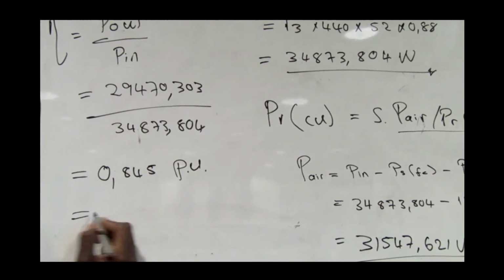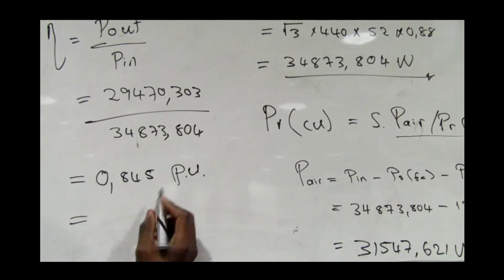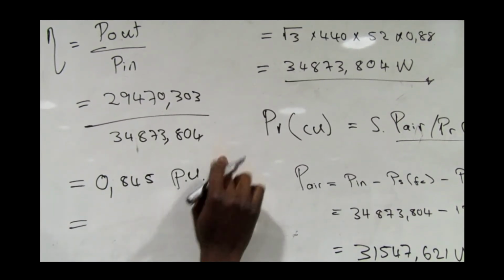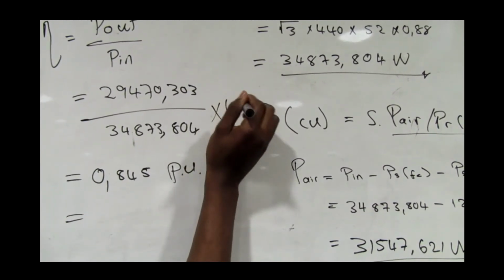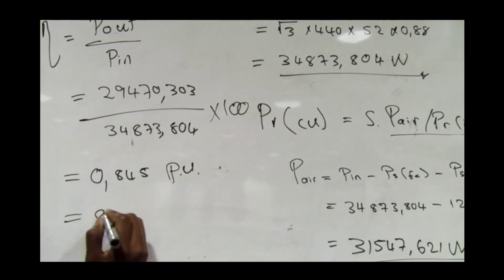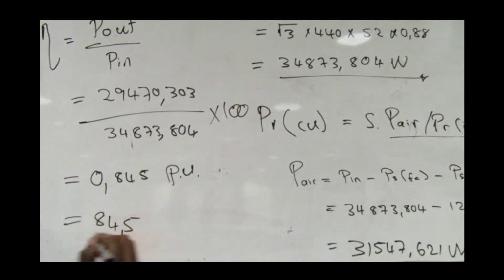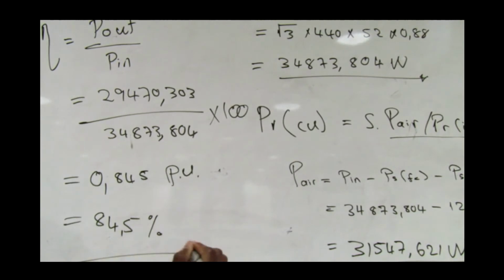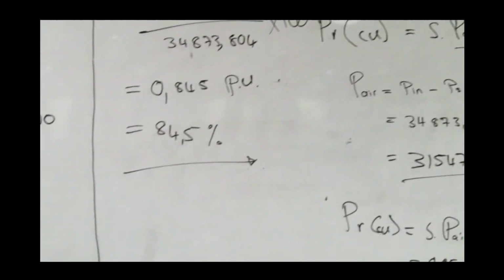But if you want it in percentage, as they wanted it there, you just multiply this guy by 100, which gives you 84.5%, which is the same answer that was expected here.